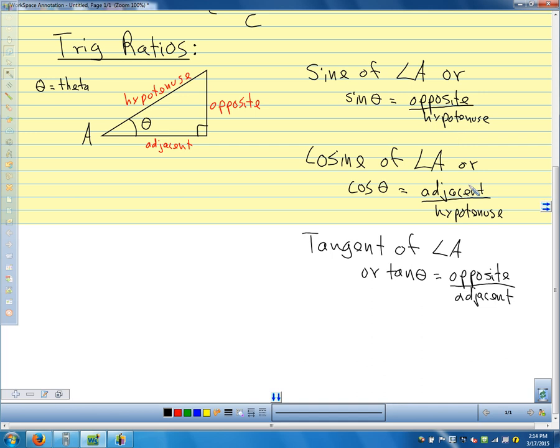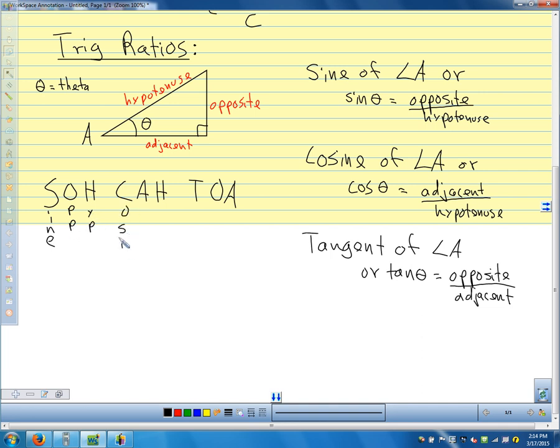Now we have a nice little acronym to help us remember these ratios. You may have heard it. SOHCAHTOA. What it means is the sine is the opposite over the hypotenuse.